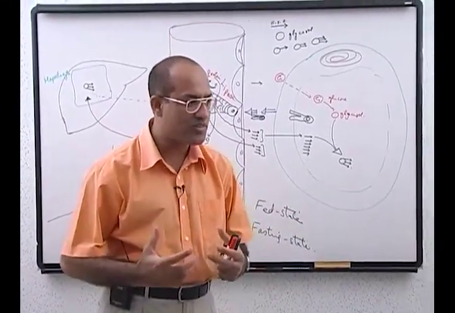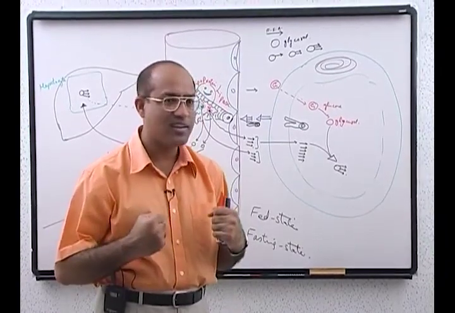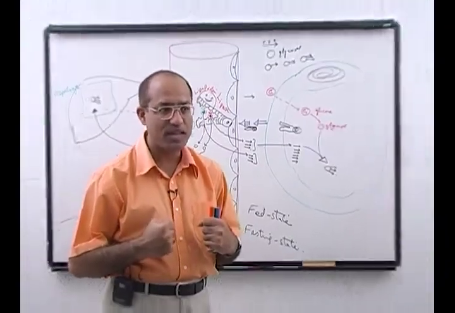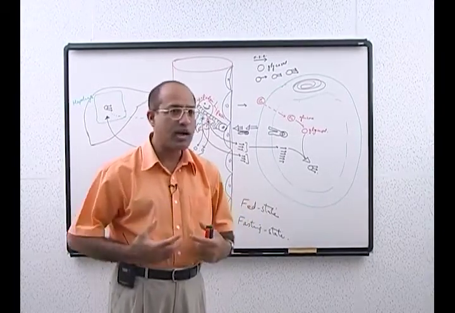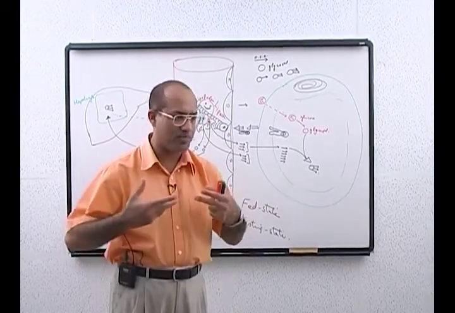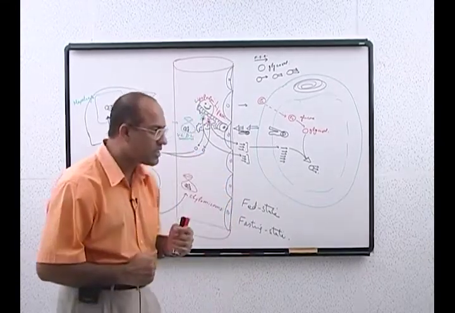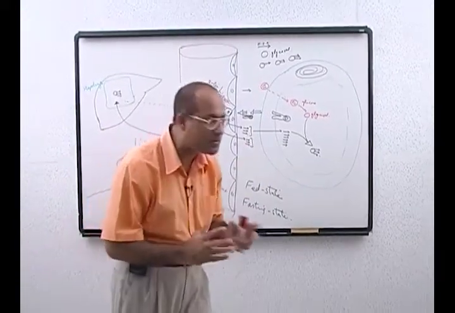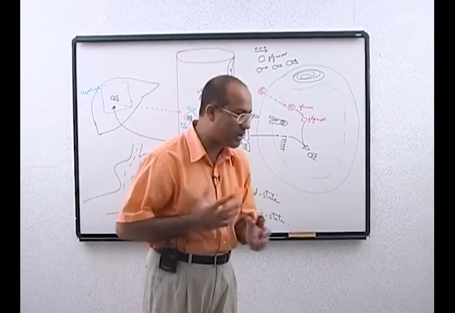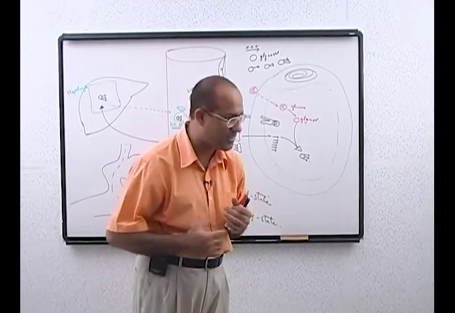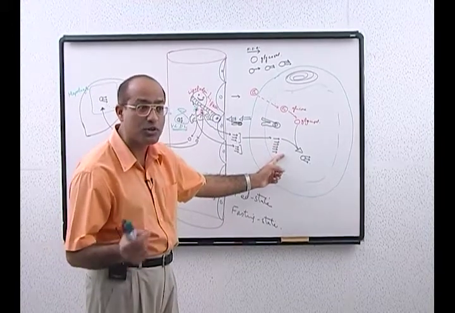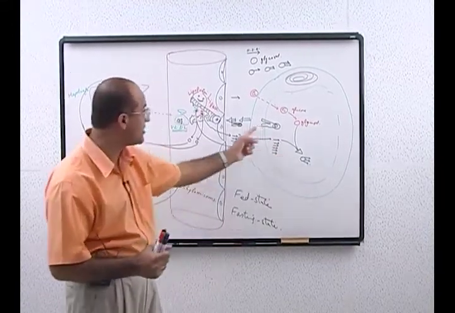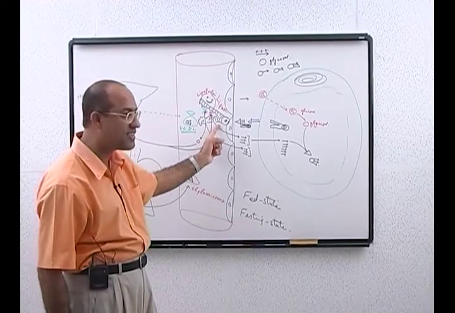Whenever you eat a good meal, especially with carbohydrates, and a mixed meal with carbohydrates and proteins, some of the hormones in the body go up. One of the hormones goes to the fat cells and tells them the happy news: there's a lot of meal and material about to come. So this fat cell immediately, within a few minutes, starts synthesizing these lipoprotein lipases.